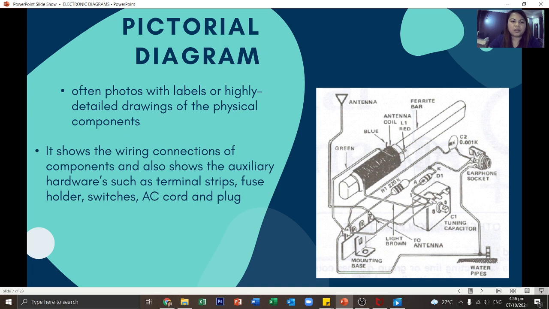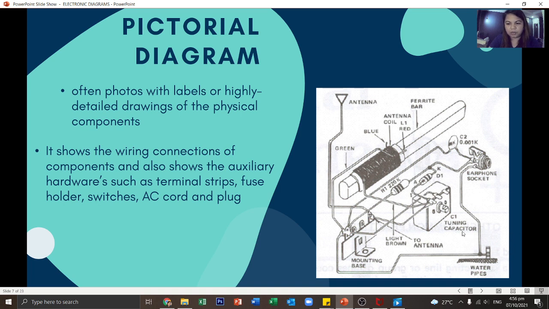It shows the wiring connections of components and also shows the auxiliary hardware such as terminal strips, fuse holders, switches, AC cord, and plug. It also includes other auxiliary components that are not part of the circuit, just like the mounting base and the socket.